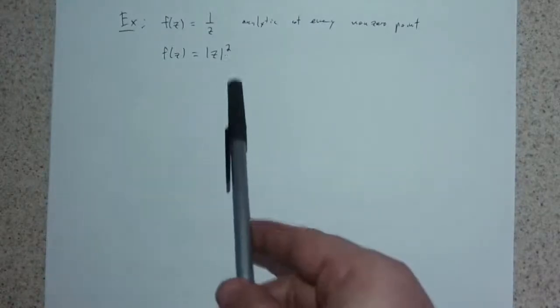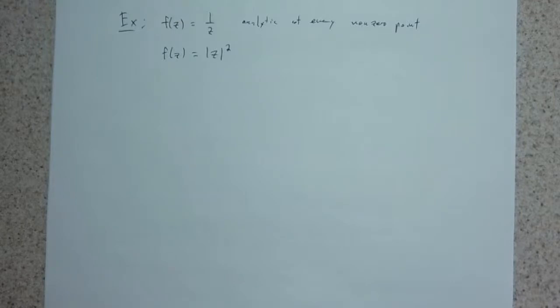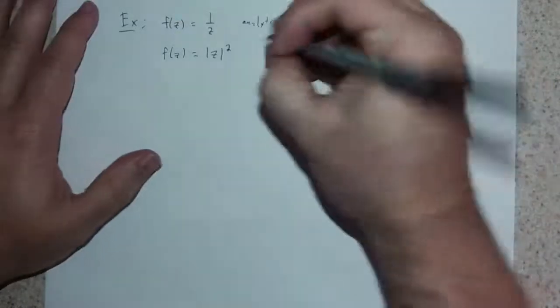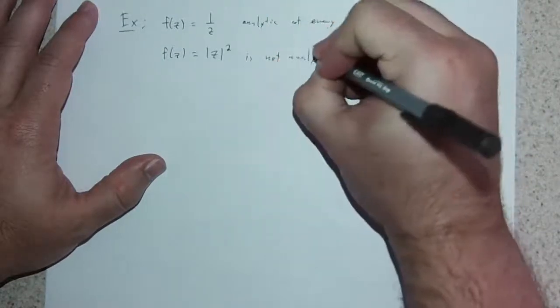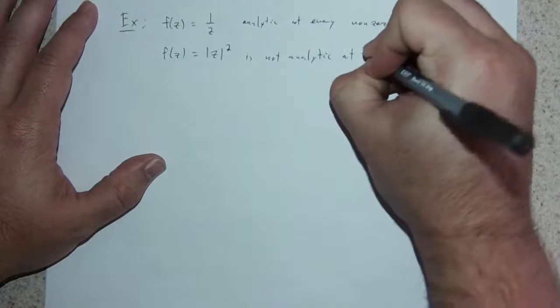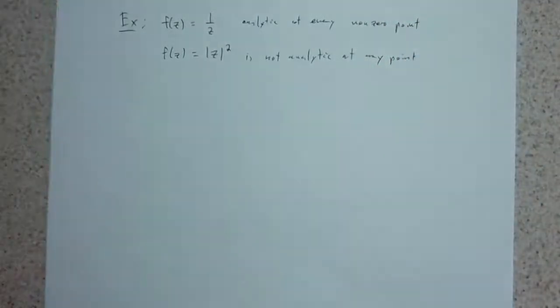This is actually not analytic at any point. We know that it only has a derivative at z equals 0, but it doesn't have any derivatives at any of the points that would be neighborhood points of 0. And so this is not analytic at any point. Right? Not even z equals 0, because that's the only place it has derivatives, so it has no derivatives in a neighborhood of that point.